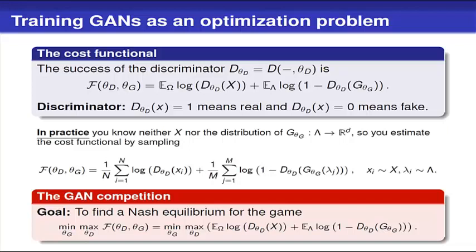This is why it is called the GAN game, because there is a competition between D that wants to maximize this and G that wants to minimize this. The aim of the training of a GAN is to find a Nash equilibrium, which means a point in which D is not able to maximize this function only in the direction d, and G is not able to minimize the function only in the direction g.